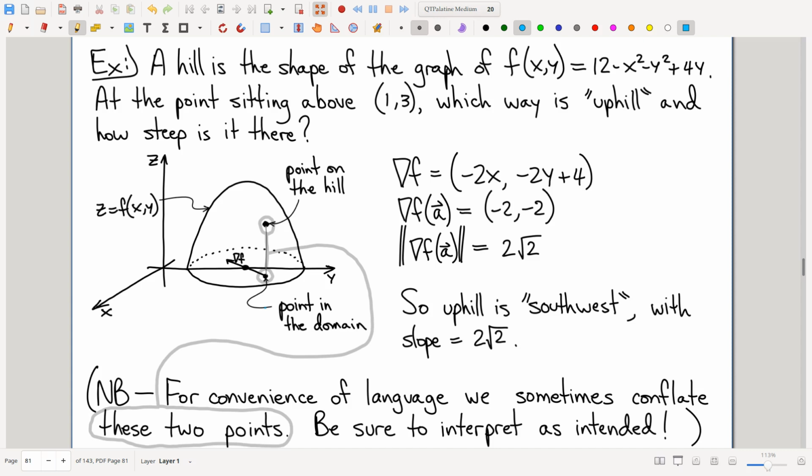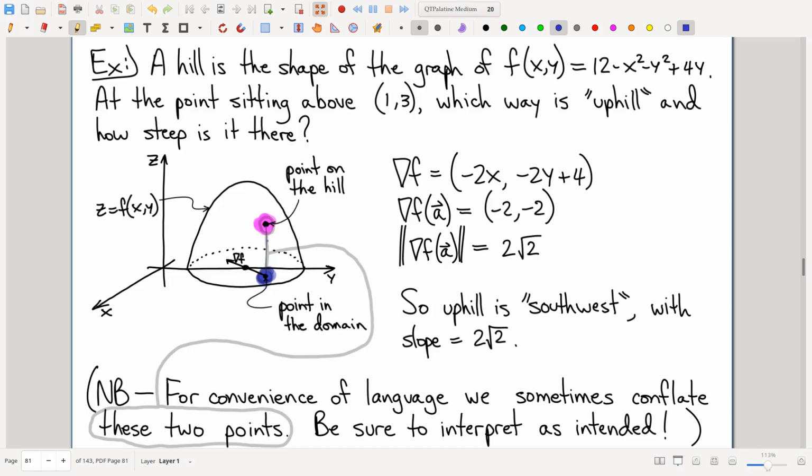So a little bit of conflation here. I'm actually at a point in space that has 3 coordinates. That's where I actually am. But I'm only going to describe my location by map coordinates, namely, usually longitude, latitude, but I'm just going to say X and Y here.